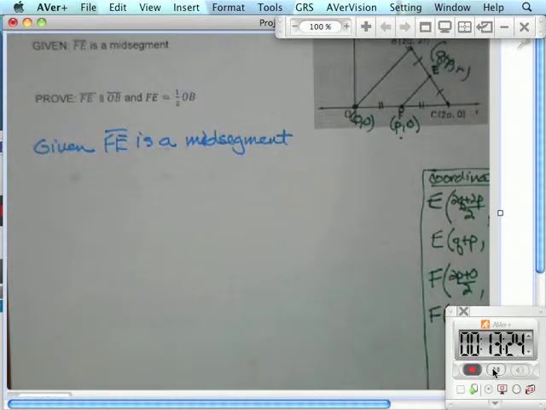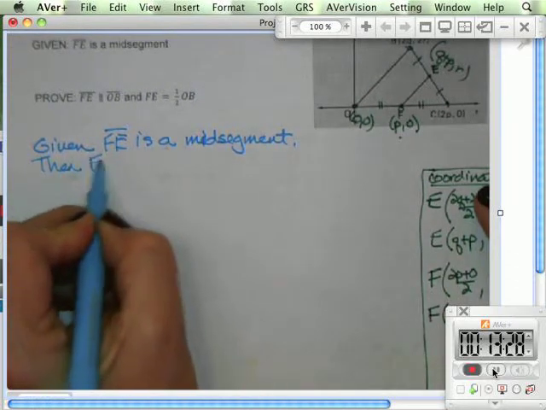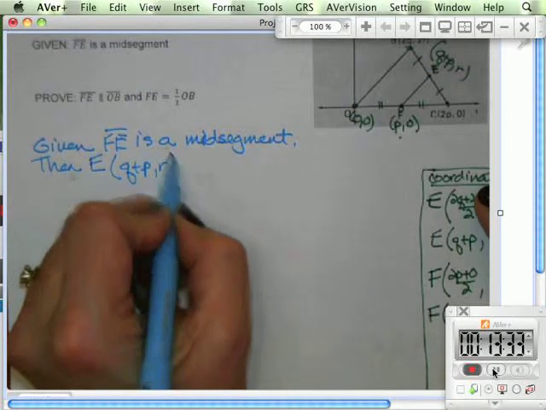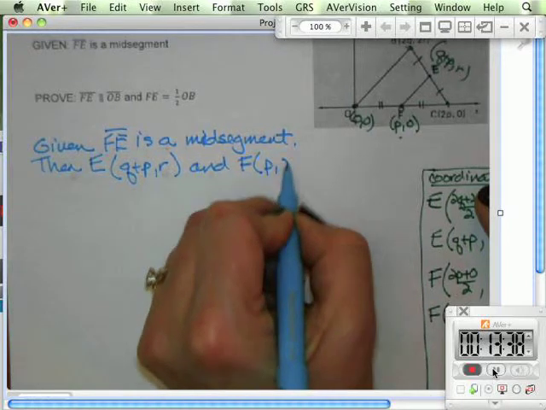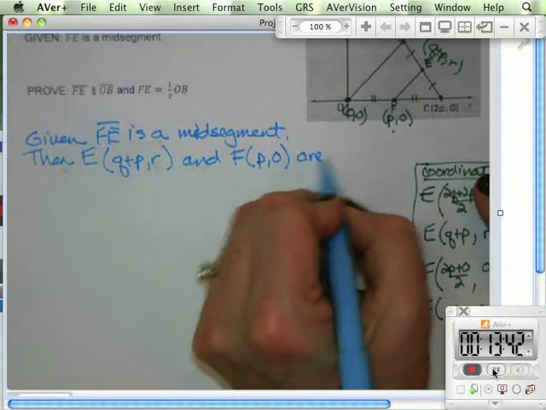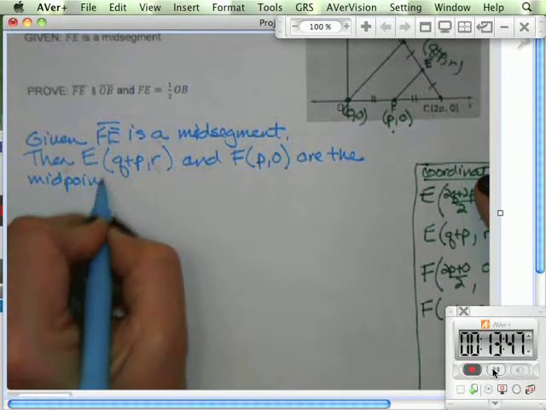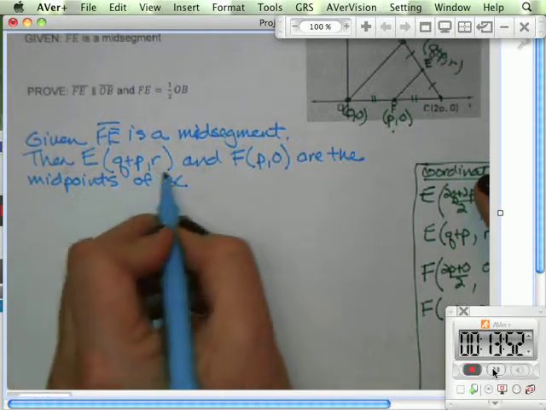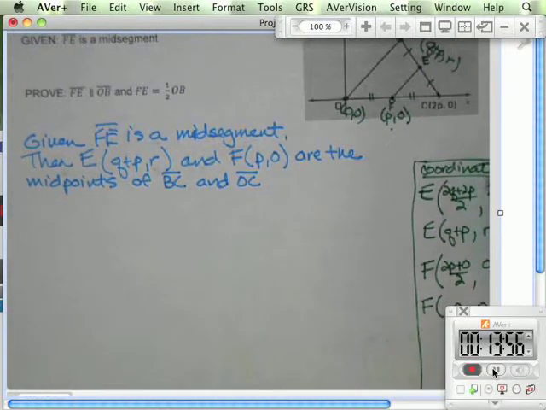Well, then I'm going to say, okay, well then E with these coordinates, Q plus P comma R, and F with these coordinates, P comma 0, are the midpoints of BC and OC by definition of mid-segment.